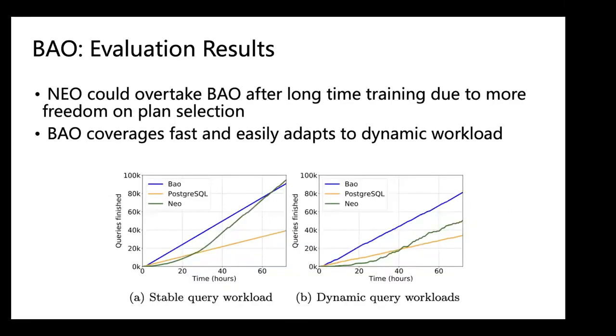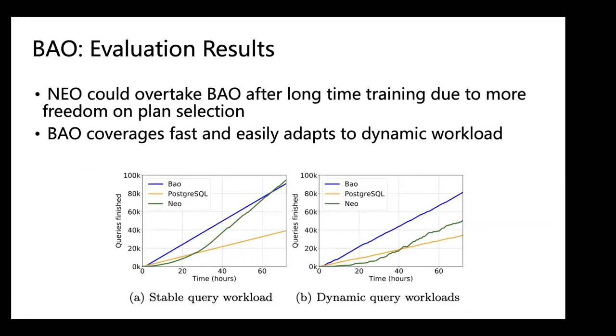Now we can also see the difference between Neo and BAO. We can see that Neo could overtake BAO after a very long time of training, because we know that BAO just tunes the hint set to generate a different plan.